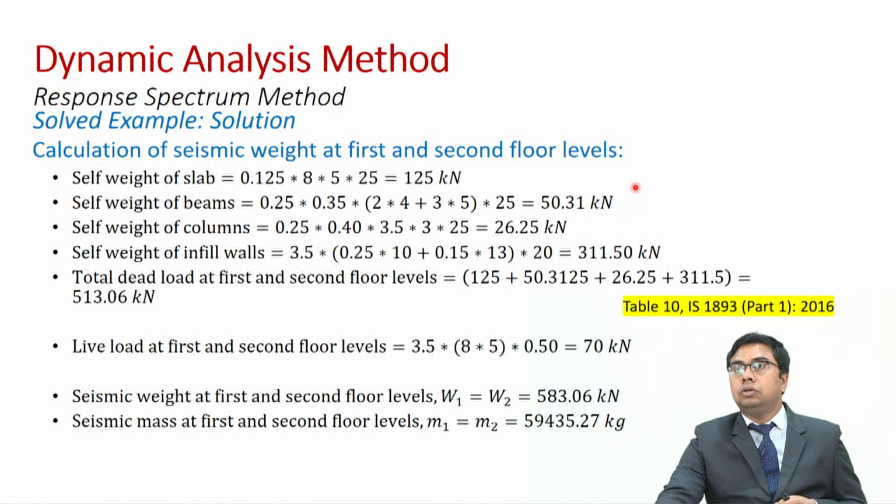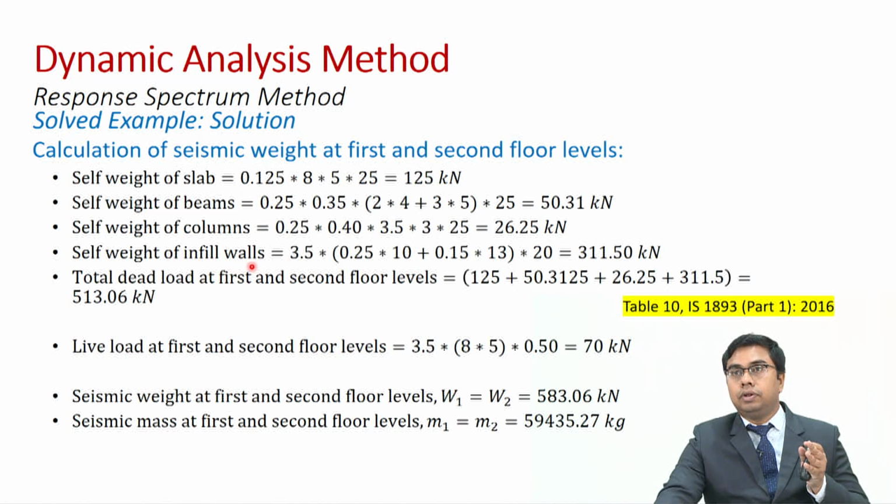I understand that you must have gone through this example problem on the equivalent static method by now, so you can be very sure these calculations remain intact. The self weight of columns is also calculated as 26.25 kilonewton. If you have any problem understanding, you can go back to that problem based on the equivalent static method and look into further description.